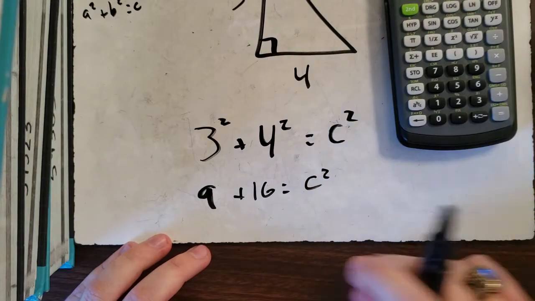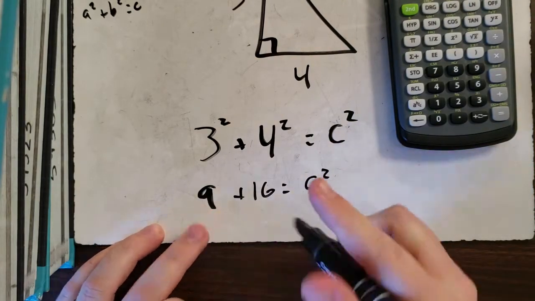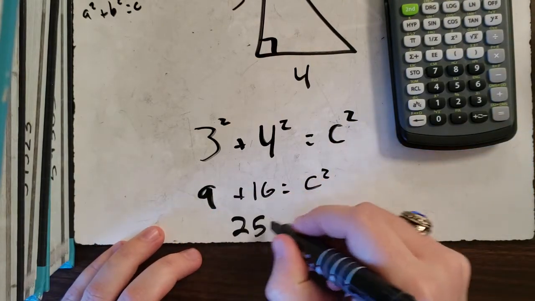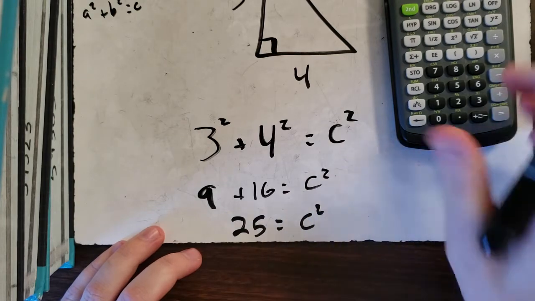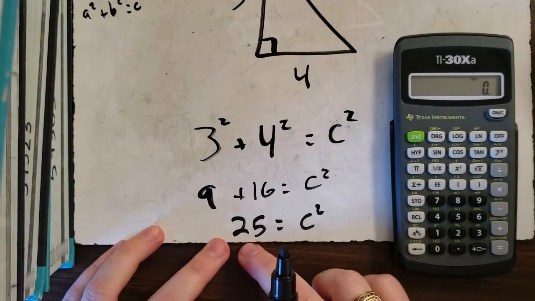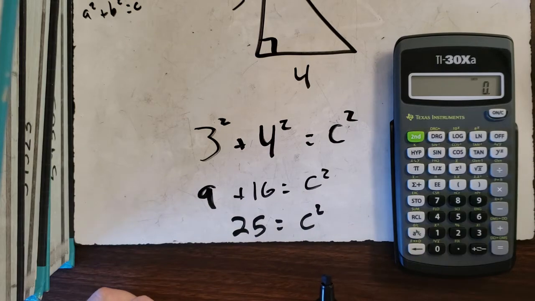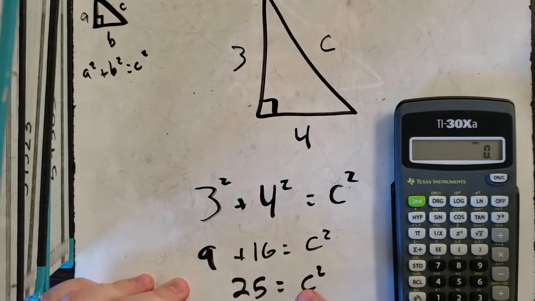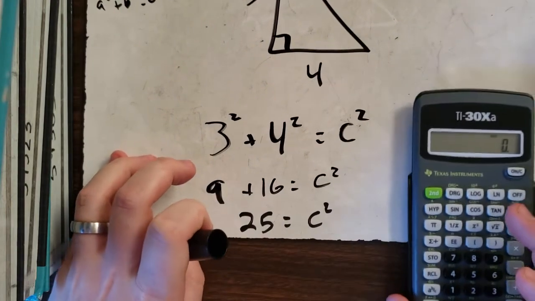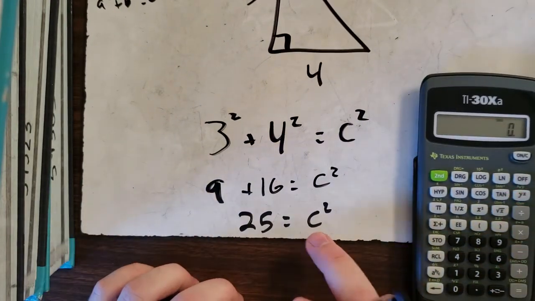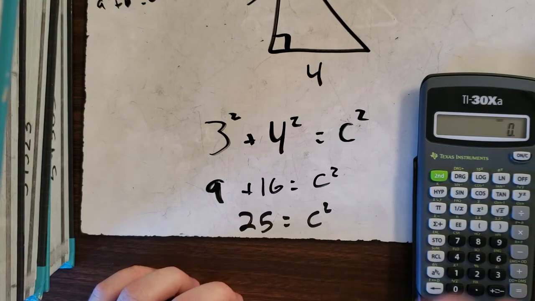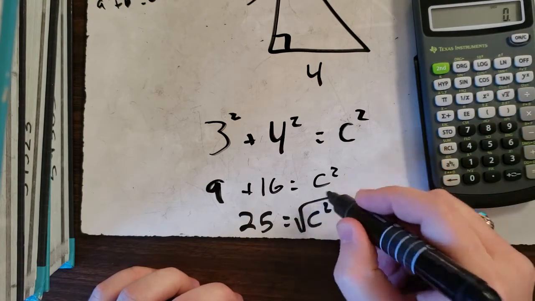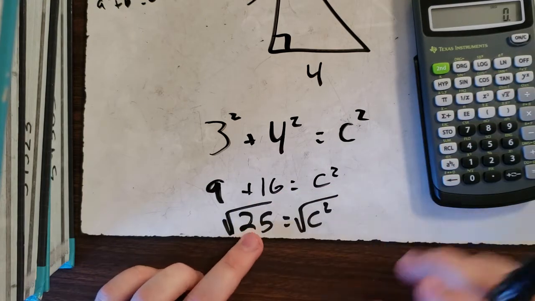Now, add your numbers up. 9 plus 16 equals 25, and that brings down your C squared. Now we have our last step here. 25 equals C squared. So we need to figure out what C is by itself. Your last step, to get rid of a square, is to square root your number.